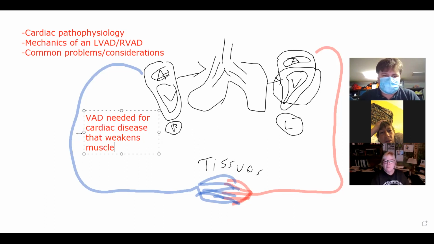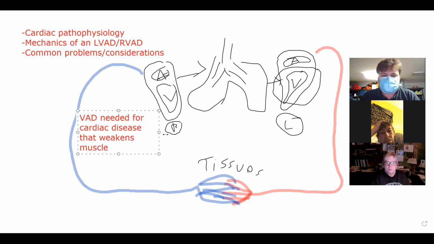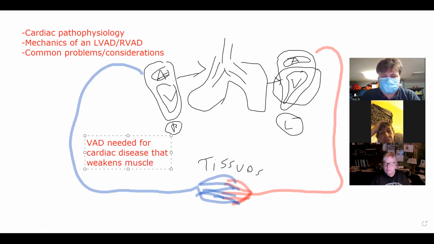Okay. And can you think of any types of diseases that might weaken heart muscle? Congestive heart failure, yeah.